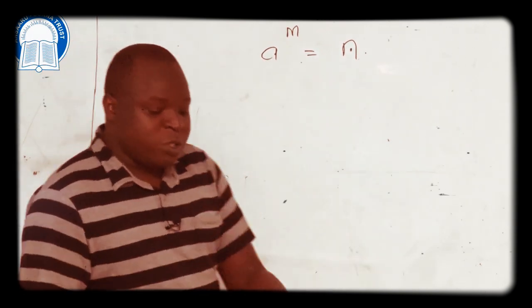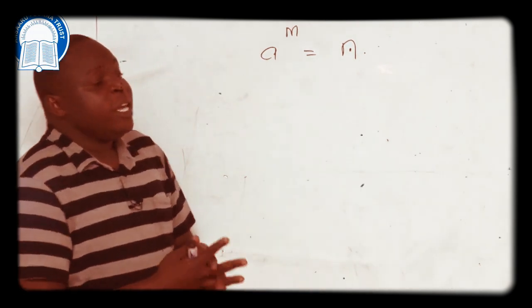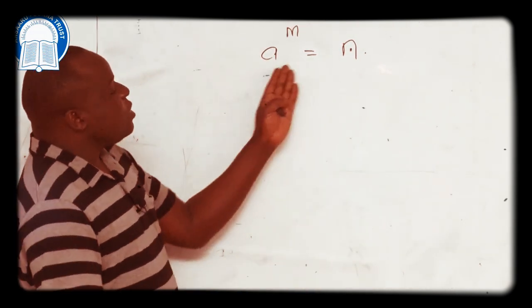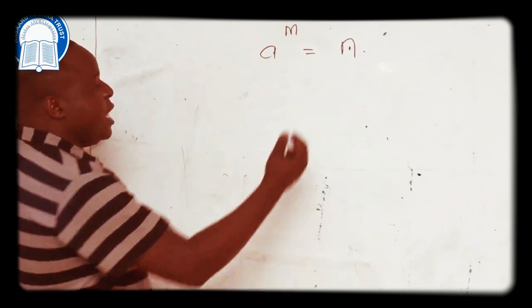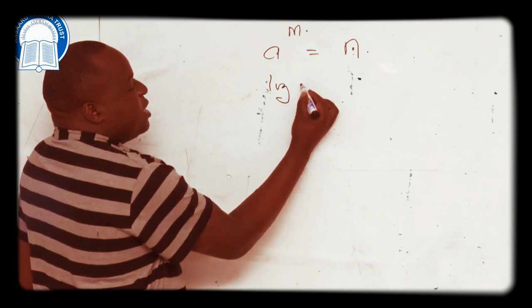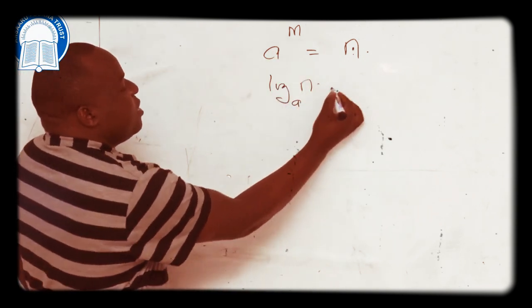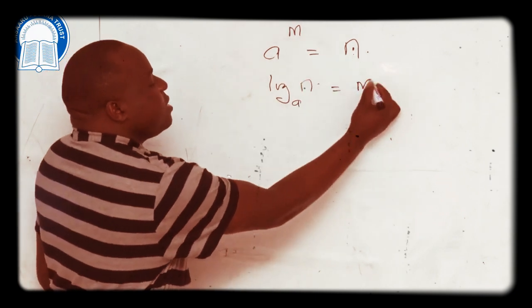The first thing you're supposed to know about the topic is how to change indices into logs. If you want to change this statement into logs, you write log. The answer, which is n, becomes the log. Then this a becomes the base. Then the power becomes the answer.